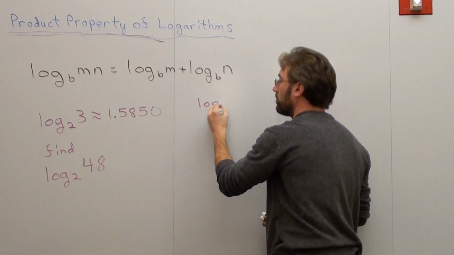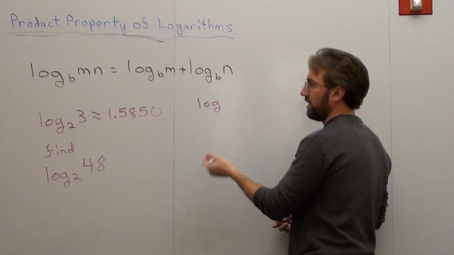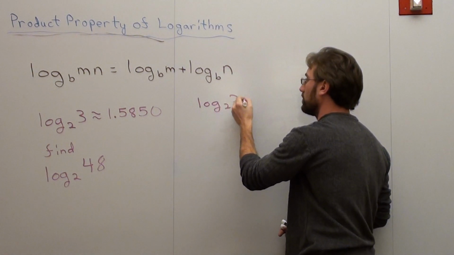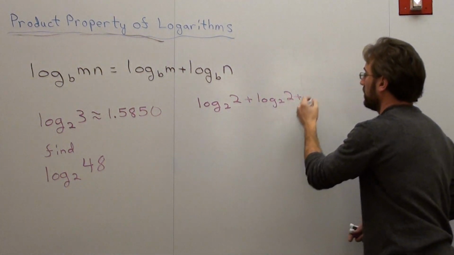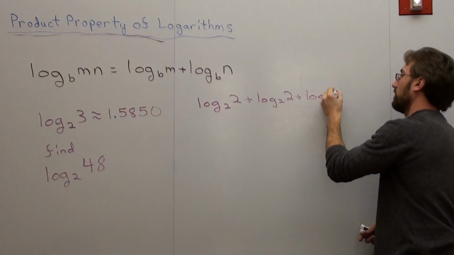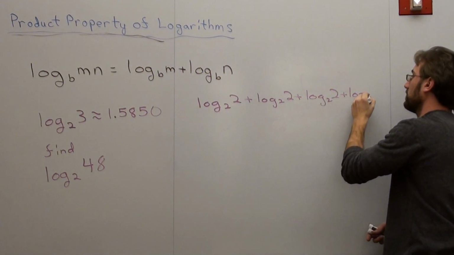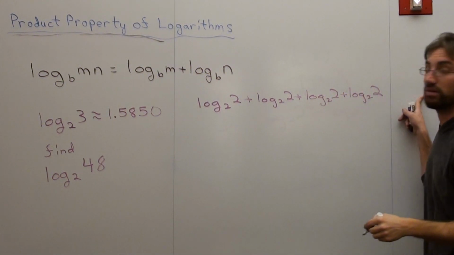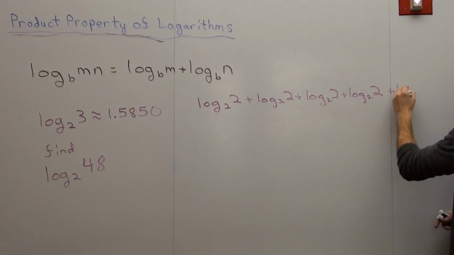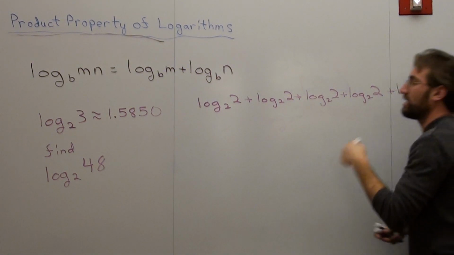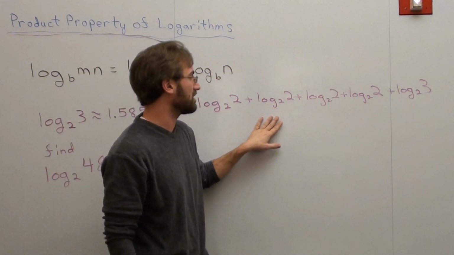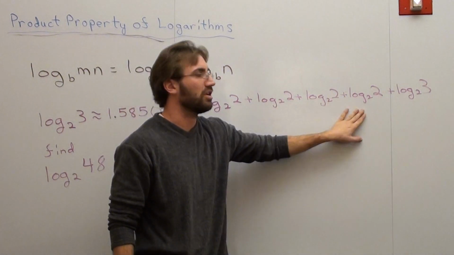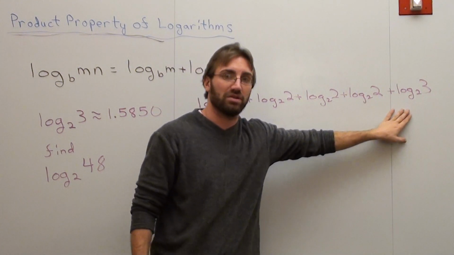So let's say when you did that problem, you had log base 2 of 2 plus log base 2 of 2 plus log base 2 of 2 plus log base 2 of 2 plus log base 2 of 3.